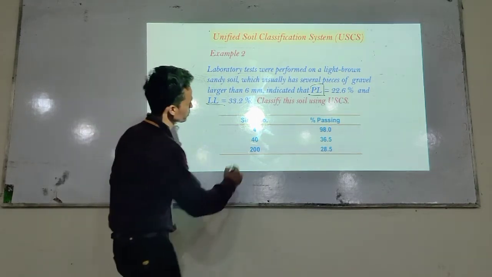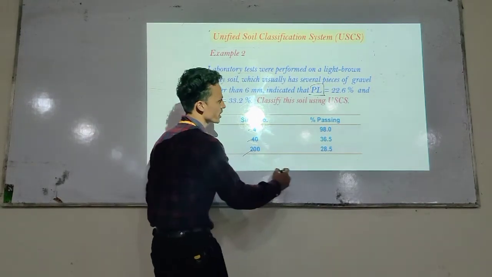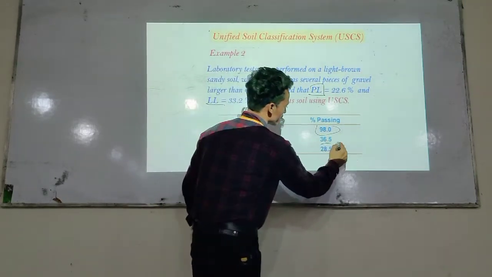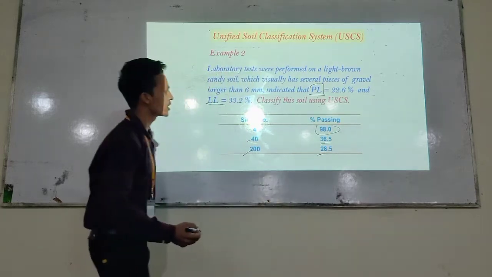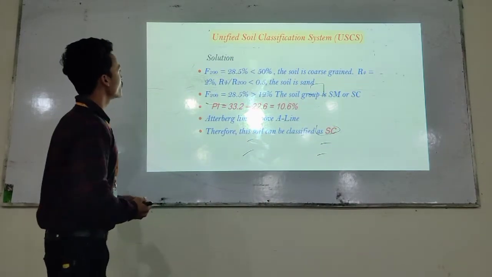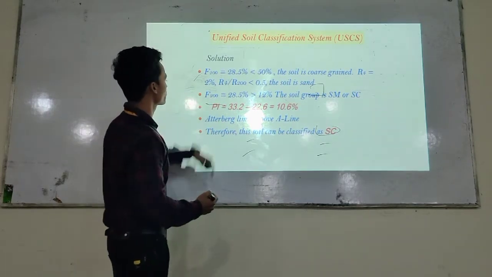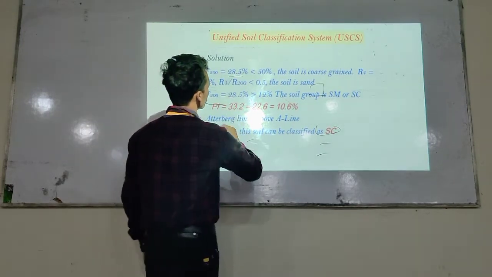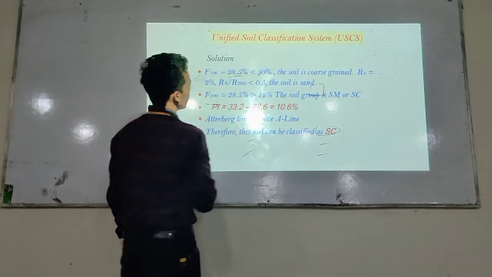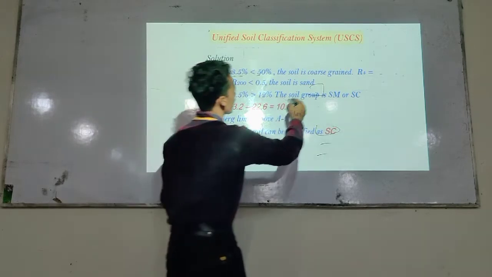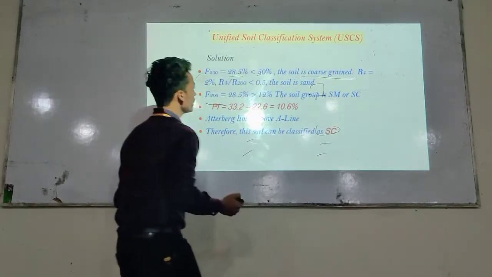We have here sieve numbers 40 and 200 and the passing percentages 98, 36.5 and 28.5. At sieve number 200, the passing percentage is 28.5%, which is less than 50%. That's why we can say that this is coarse grain soil.